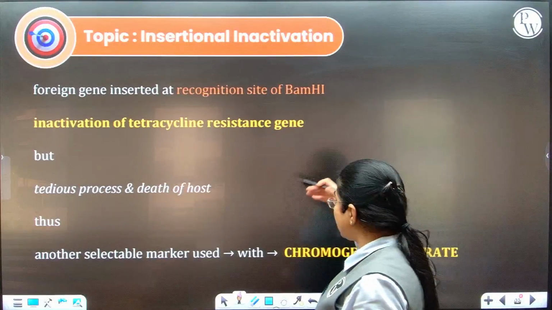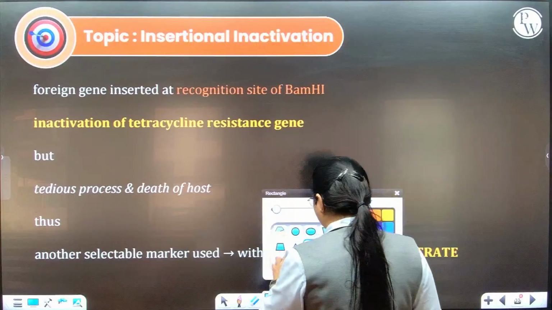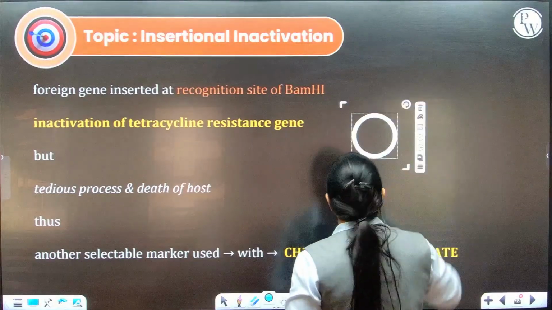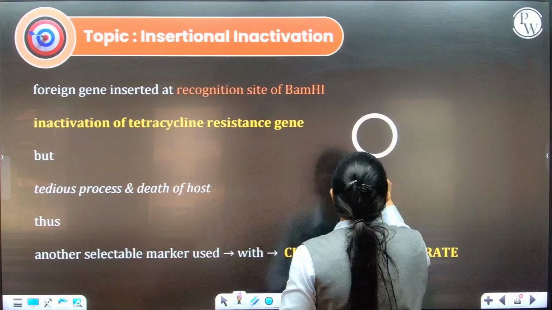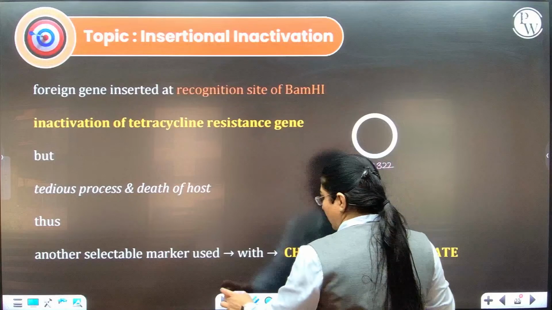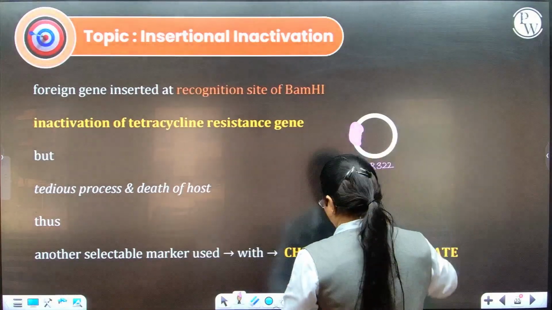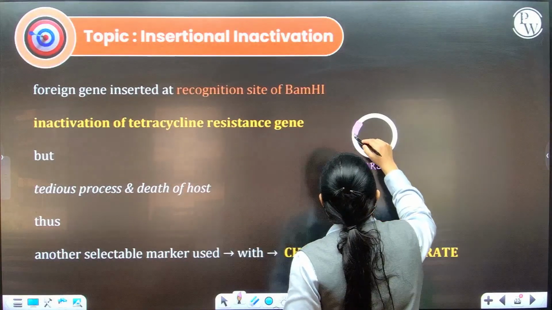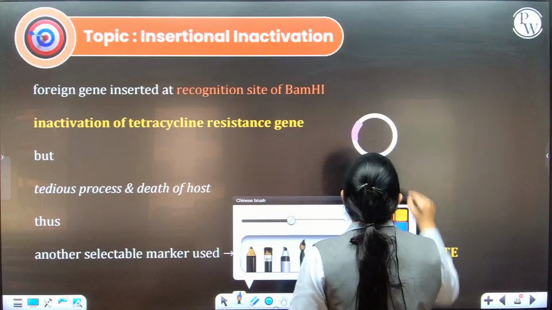Now there's something called insertional inactivation. Now say for example, I'm drawing a PBR322 for you all. You know that this is our gene for ampicillin resistance.